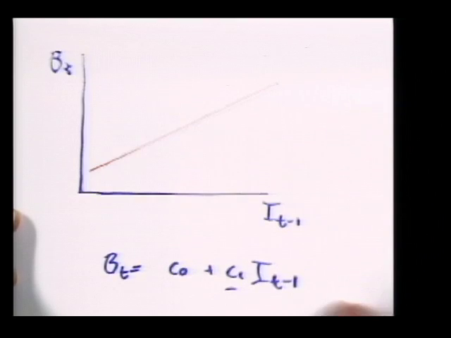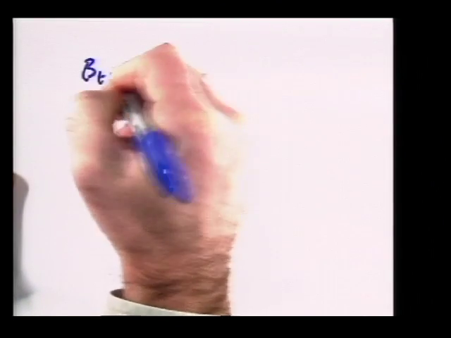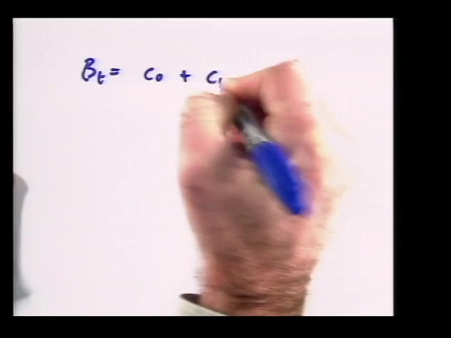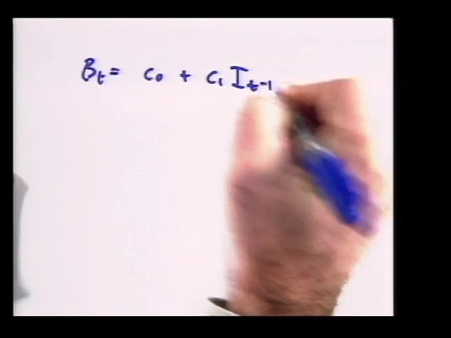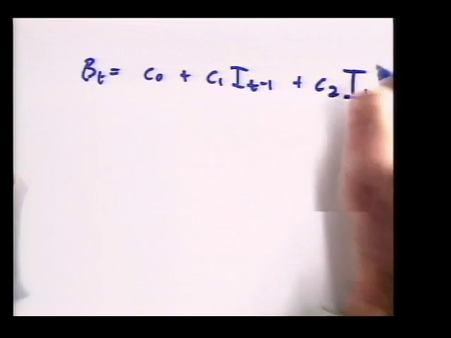Well, let's actually work it out. So now let's say the beta equals C0 plus C1 I_{t-1} plus C2 I_{t-1} squared.